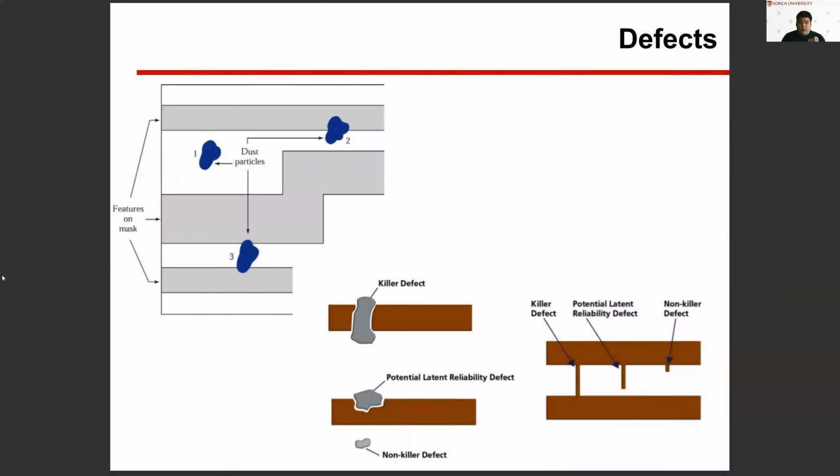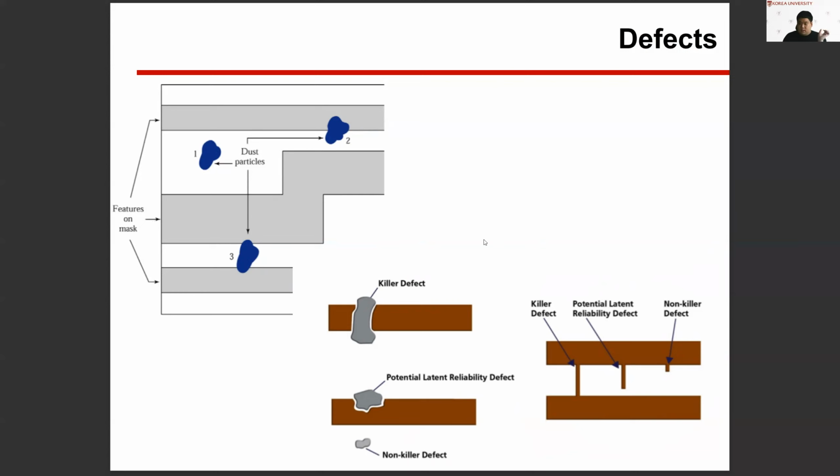Last but not least, I'm going to tell you about defects. Nowadays, the patterns of modern fabrication are extremely small, so even one dust particle can kill the entire die.